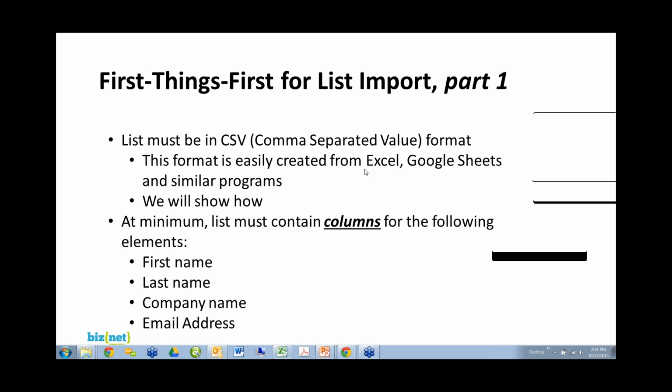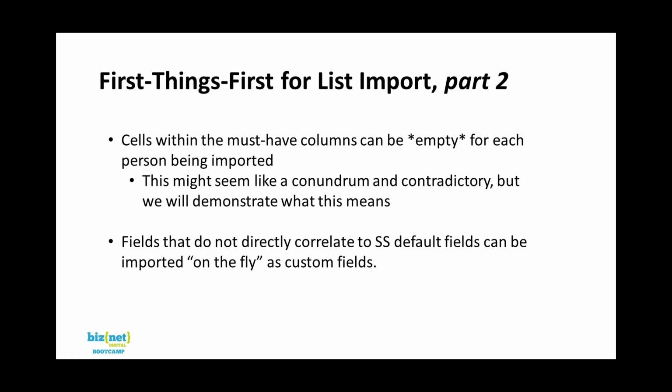Where this gets a little tricky is that you don't necessarily have to have all that information for every record. But because of the way it's built, SharpSpring likes to see those columns. It maps those to default fields that it has.